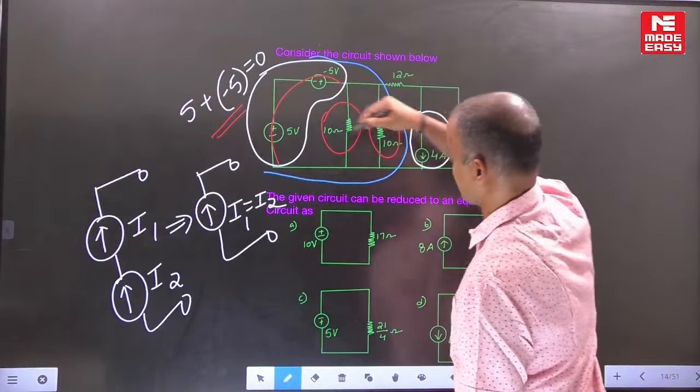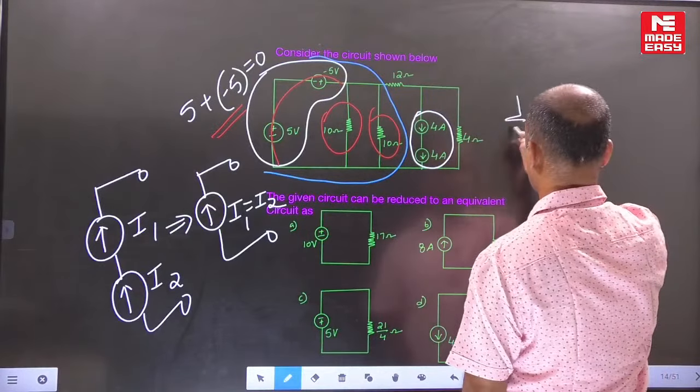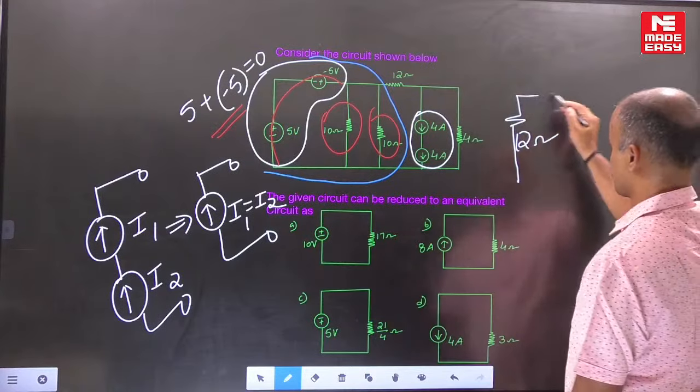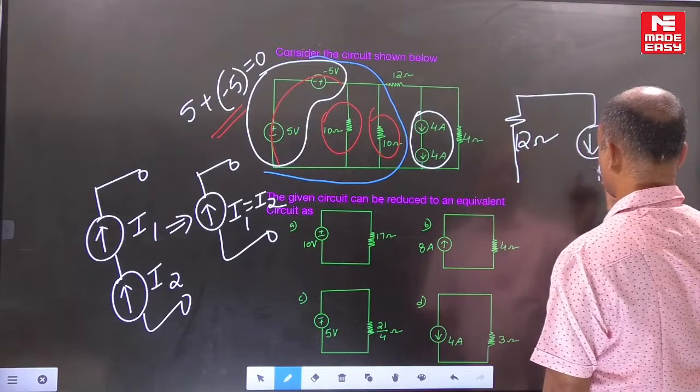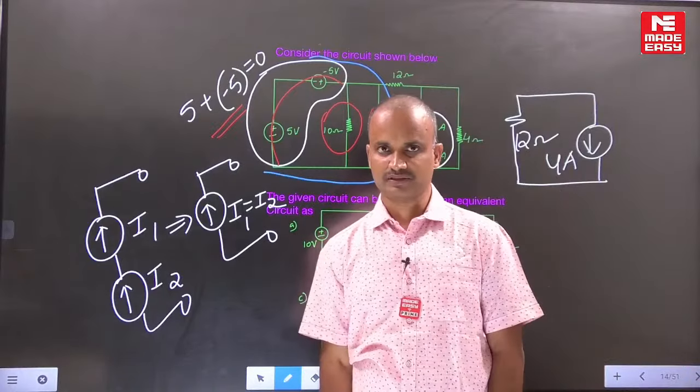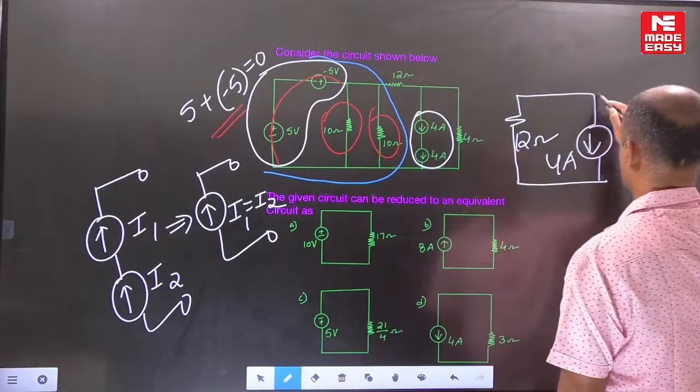Now these three branches are replaced by a short circuit, but the remaining resistance is 12 ohms. These two current sources are replaced by a single equivalent current source of 4 amperes. Simply we are applying this logic. One more resistance is 4 ohms.